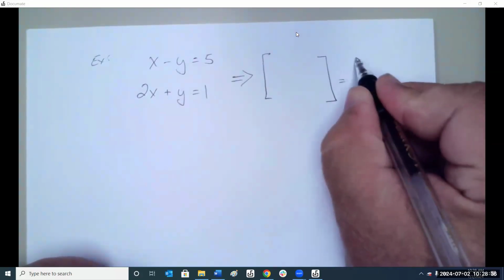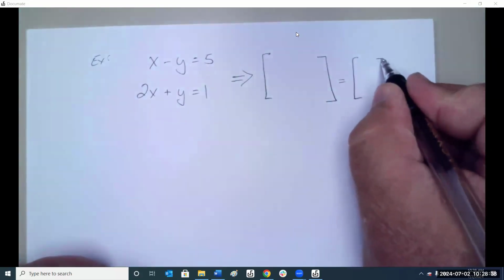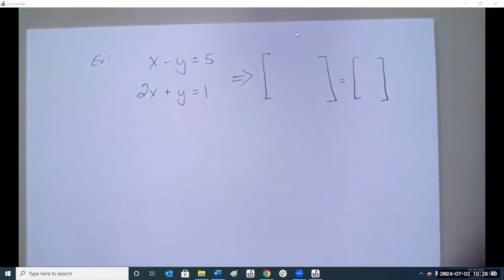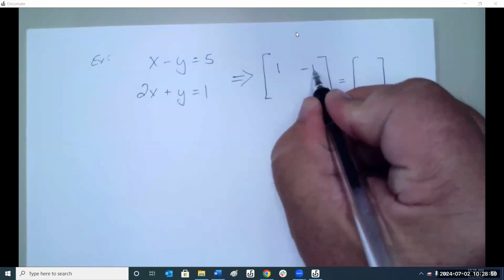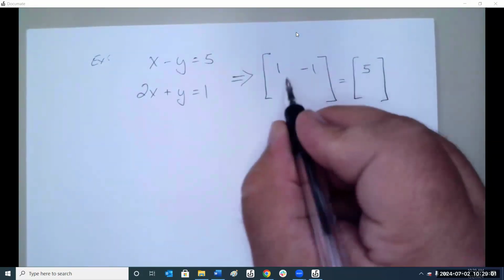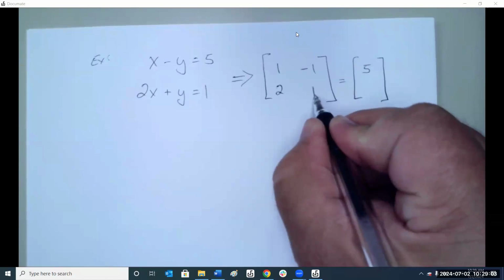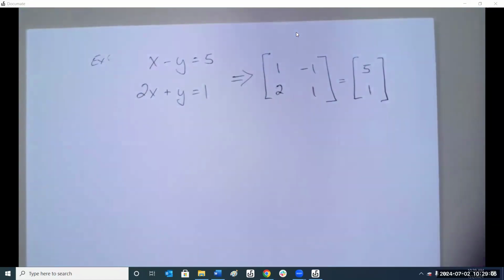The first step is to convert into matrices. So it's 1, -1, 5, 2, 1, 1.